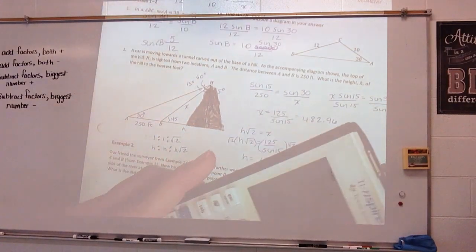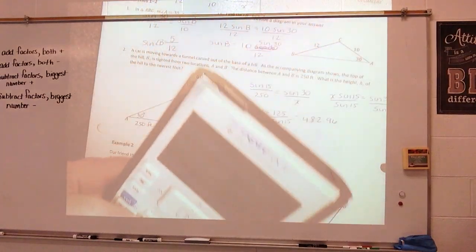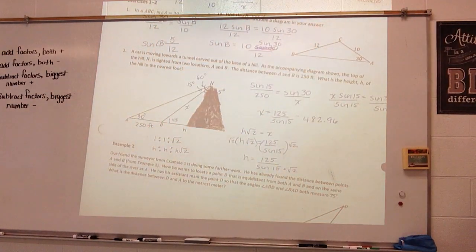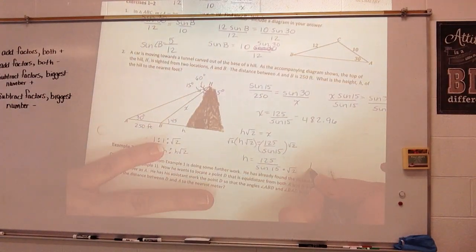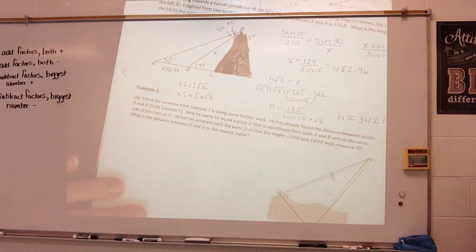So let's figure that out. 125 divided by that, the answer would be approximately 342 feet.